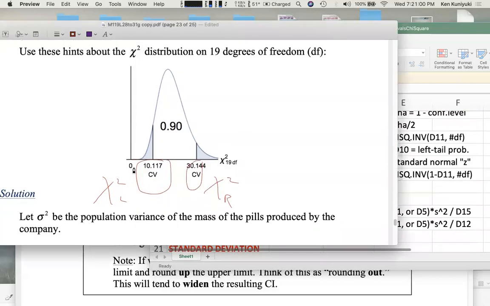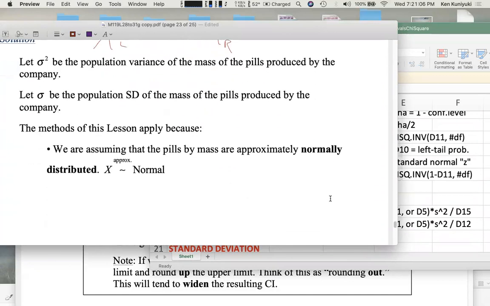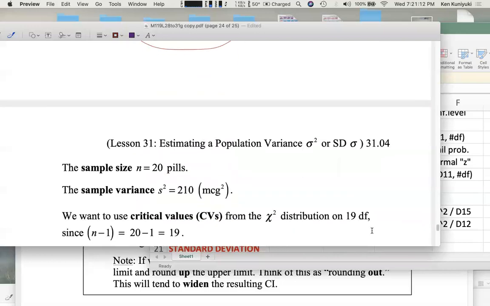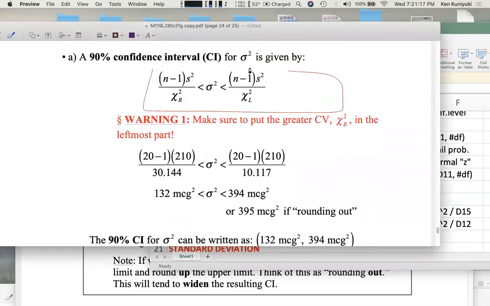All right, and then we plug these in. Remember that this goes in the right fraction, this goes in the left fraction. Okay, remember we assumed a normal distribution. So our 90% confidence interval, based on this formula: n minus 1, which is the number of degrees of freedom, that was 20 minus 1, or 19, times the sample variance, that was 210, over the right critical value.